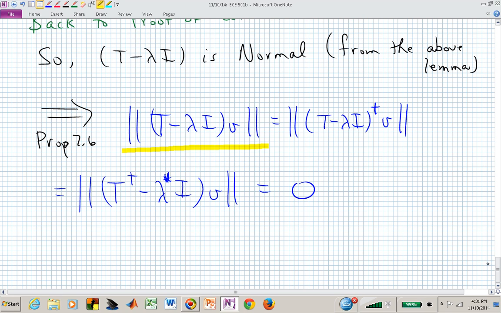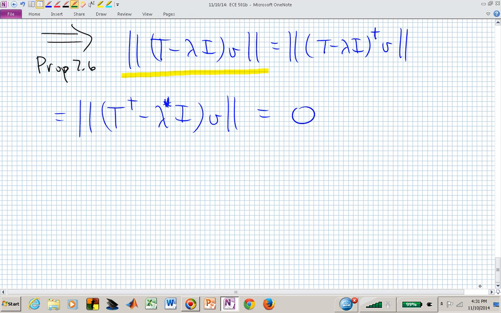And what does that relationship now say? That's true for v and lambda star. Now we know that that vector is in the null space of T dagger minus lambda star I, which means that v is an eigenvector, and the eigenvalue is lambda star.